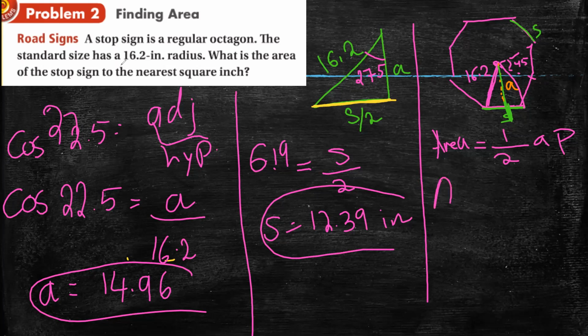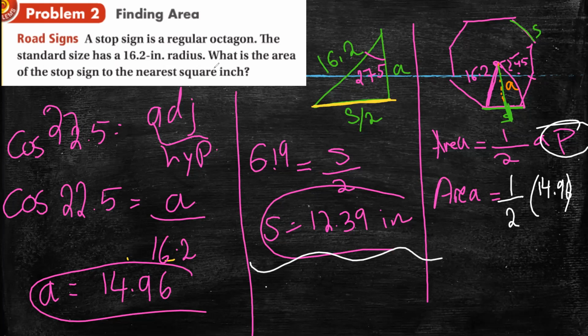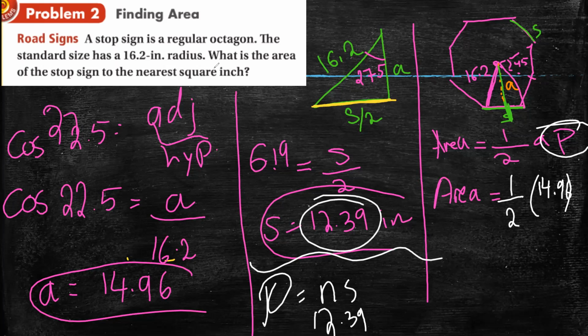By now, we found the apothem, we found the side, then I can find the area. To find the area now, I need the apothem a, which is 14.96. And also, I need to find the perimeter. To find the perimeter, I have to multiply n times s, which is 12.39, that we found before, times how many sides for this shape?